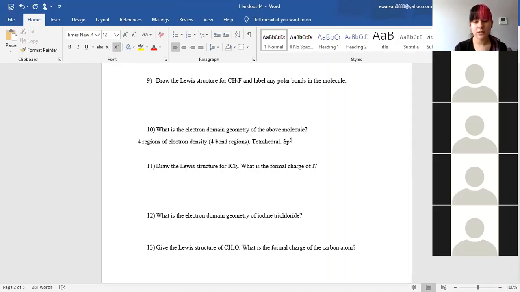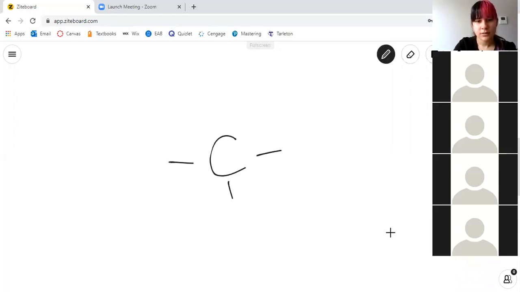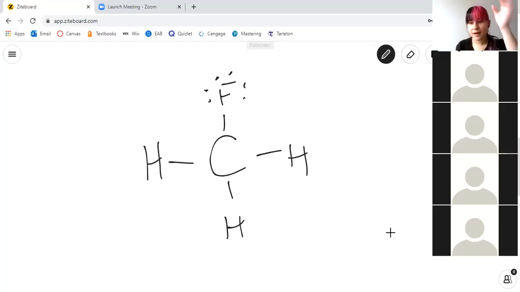Another way that you can do this that I really like is if you have the molecule drawn out. So CH3F. Is what I do.